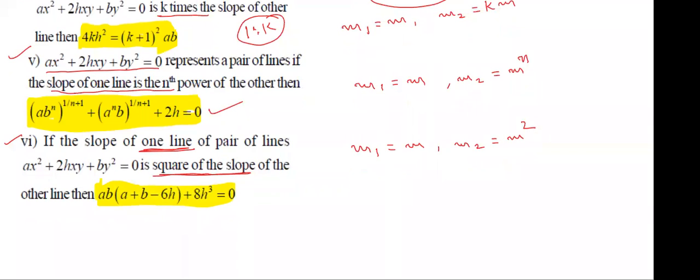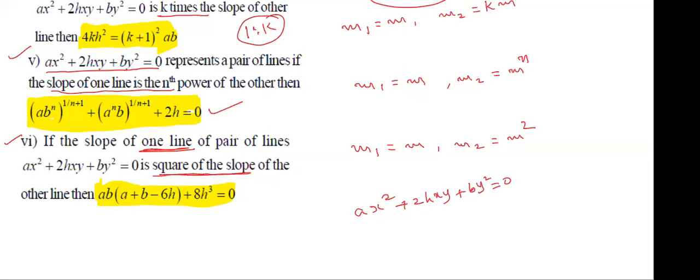In all the cases, how to identify the a value, b value, h value: by observing the pair of lines ax square plus 2hxy plus by square.